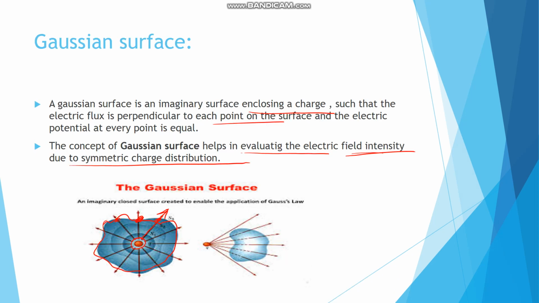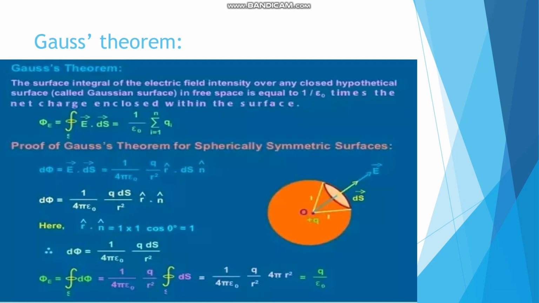See the Gauss theorem. The statement of Gauss theorem is: the surface integral of the electric field intensity over any closed hypothetical surface, that we can say Gaussian surface, in free space is equal to 1 by epsilon naught times the net charge. If the net charge is q, then the electric flux phi is equal to q by epsilon naught.